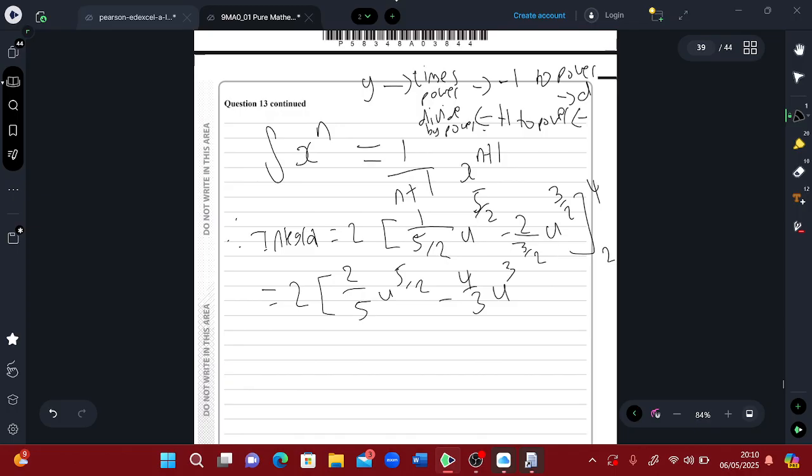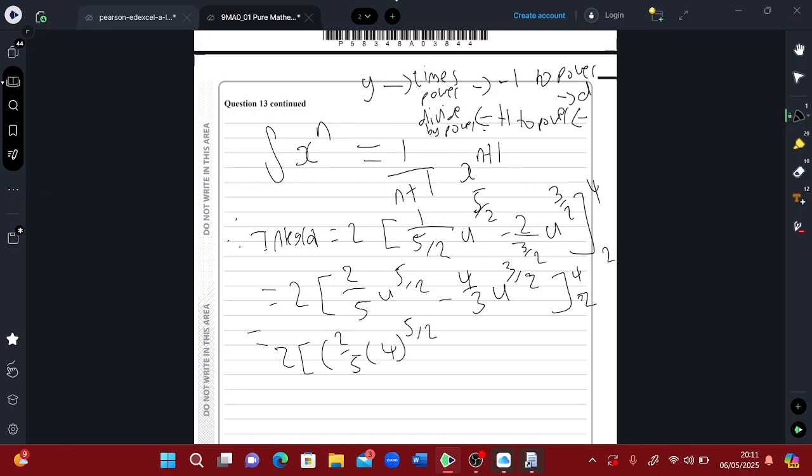Oh, hang on, what's going on here? Between 4 and 2. Okay, so now we substitute our limits in. So 2 over 5 of u, which is at 4, the upper limit first: u to the 5 over 2 minus 4 thirds u to the 3 over 2.